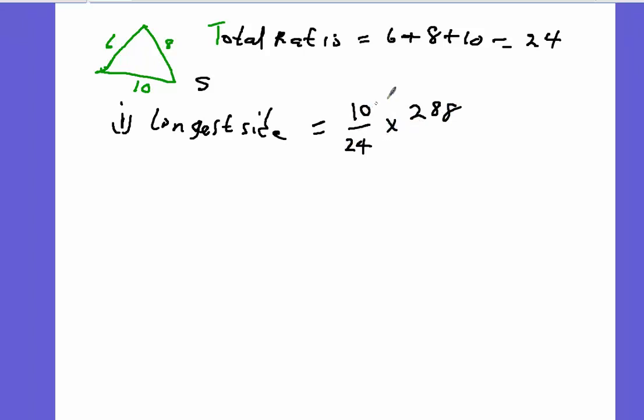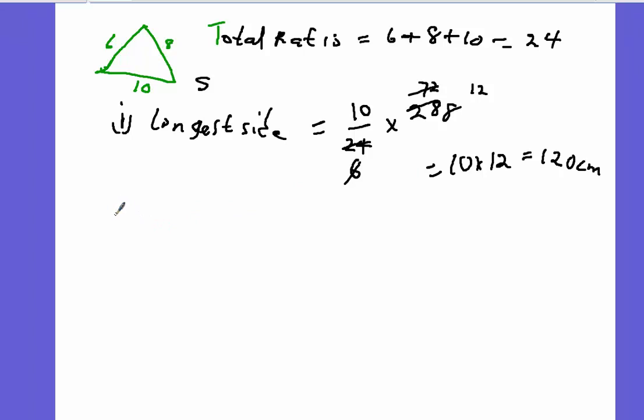Therefore, you do the cancellation. Of course, 6 times 4 can go here, 72. 6 can also cancel out this to give us 12. So 10 times 12 is 120 centimeters.